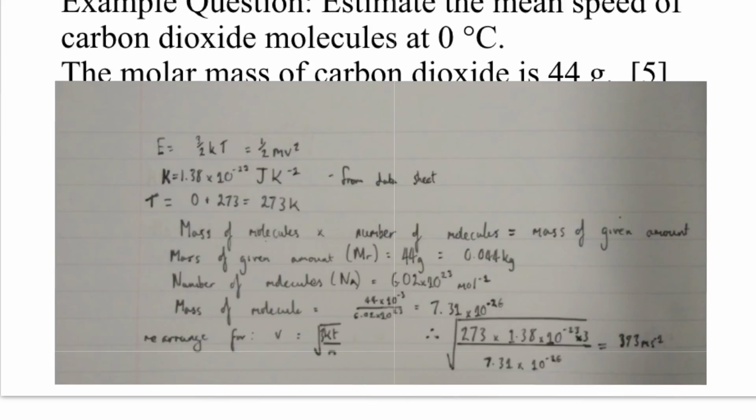So to work out the mass of a single molecule, we divide the Mr by Na, and we get 7.31 times 10 to the minus 26. If we rearrange our equations above to find v and substitute the numbers in, we come to an answer which is correct to 3 significant figures.